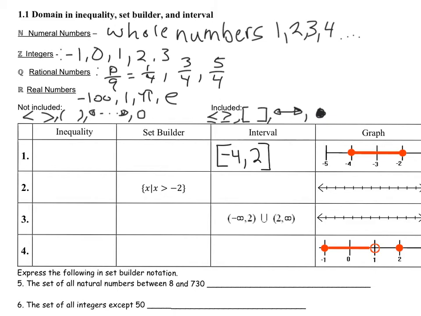Now for our inequality, we said that they are still included, so we have our -4 and our -2. The way we write that is we use our inequality symbols. Let me go ahead and write that a little bit better.